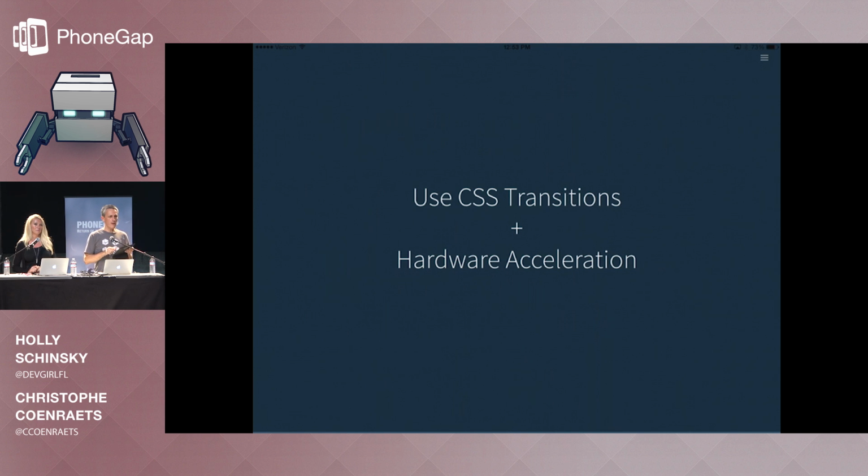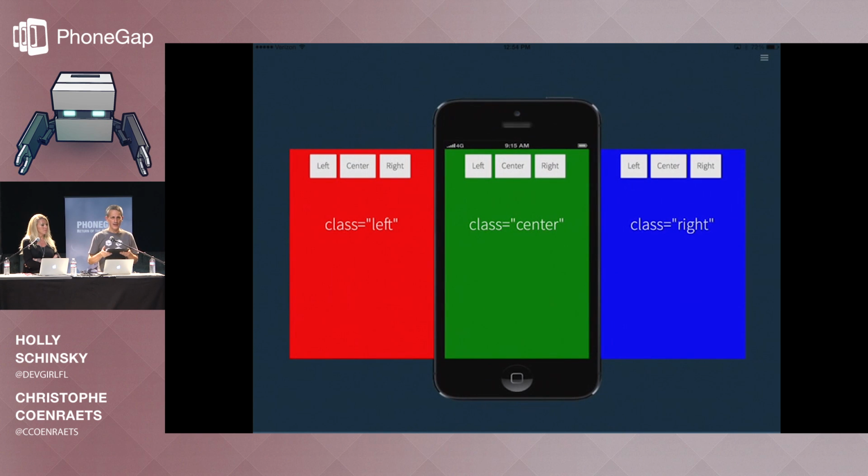There are ways to do that slowly and ways to do that fast, so choose the fast way. It's not always obvious, because you'll see a lot of examples that use the most obvious way to play with CSS to slide your pages, but it's not always the hardware accelerated way, and that's really what you want.